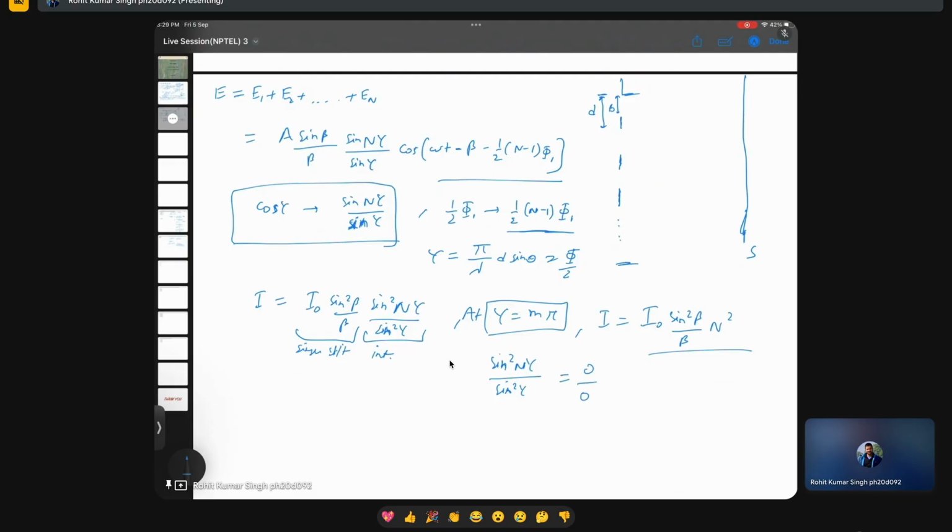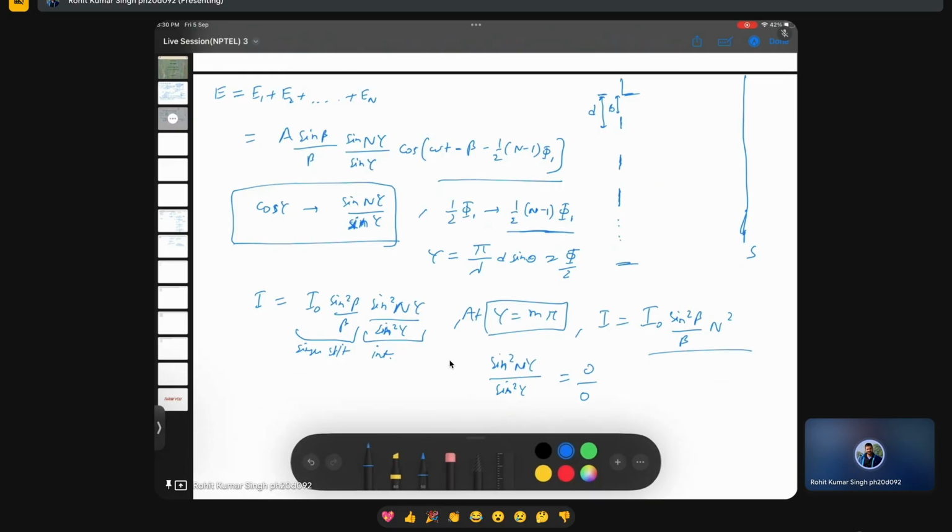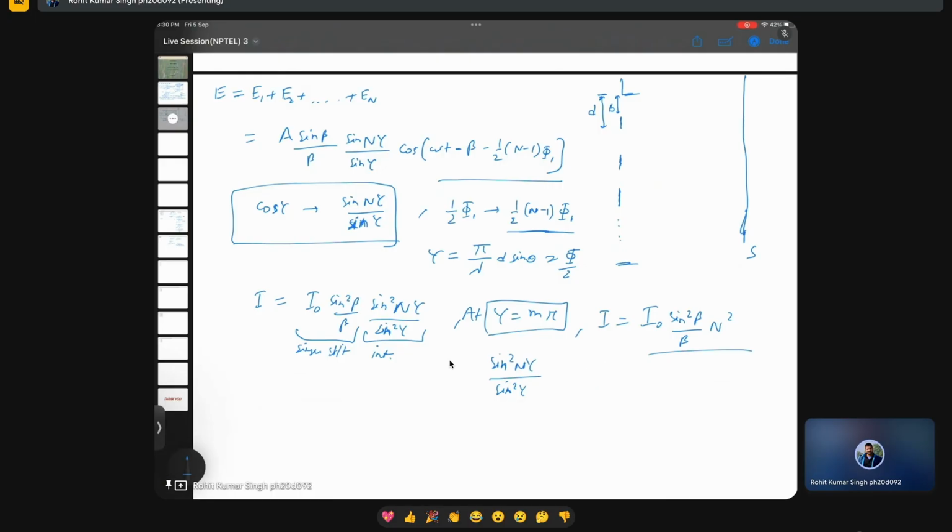So you have to use limits. This is what we call in limit and continuity an indefinite form, right? So you have to use limit to get a finite value out of this.